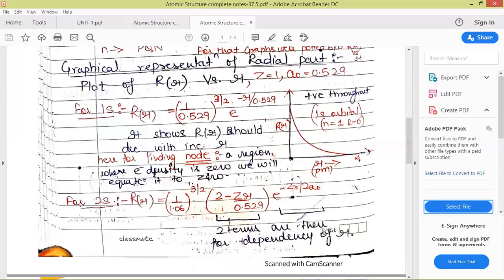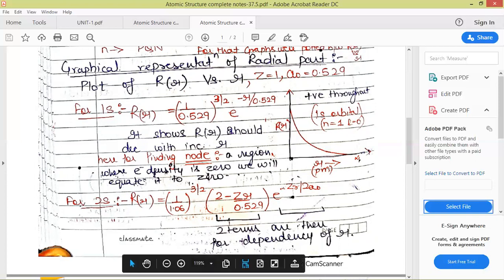For the 1s orbital, that value comes out to be infinity. For this curve, when small r, the distance of the electron from the nucleus, is 0, the electron density is maximum. This is the curve for the 1s orbital.